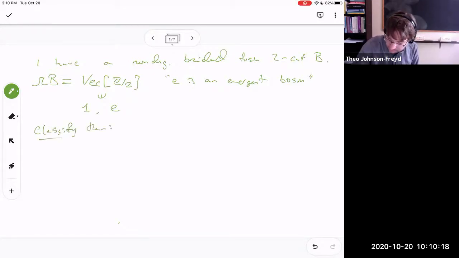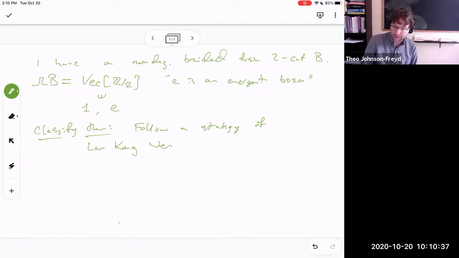Well, there's a trick. There's a strategy. I'm going to follow a strategy of Lan, Kong, and Wen, who basically said how to do these a couple of years ago. And they said the following.